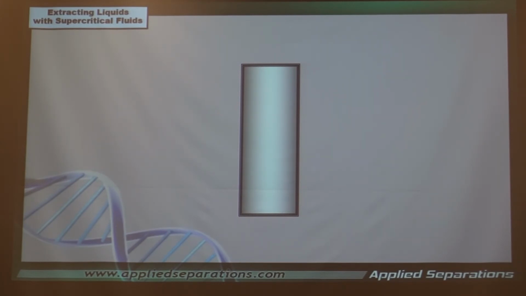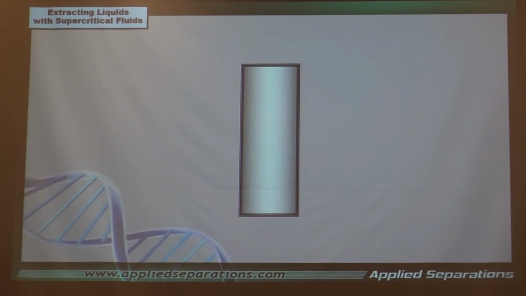This typically, depending upon the extraction mechanism itself, is going to be anywhere from 3 meters to 5 meters. I think the biggest one that we've built has probably been a 6-meter column. Now, I don't want to imply when I say column here, do not think chromatography column. It is not packed with any kind of chromatographic material.